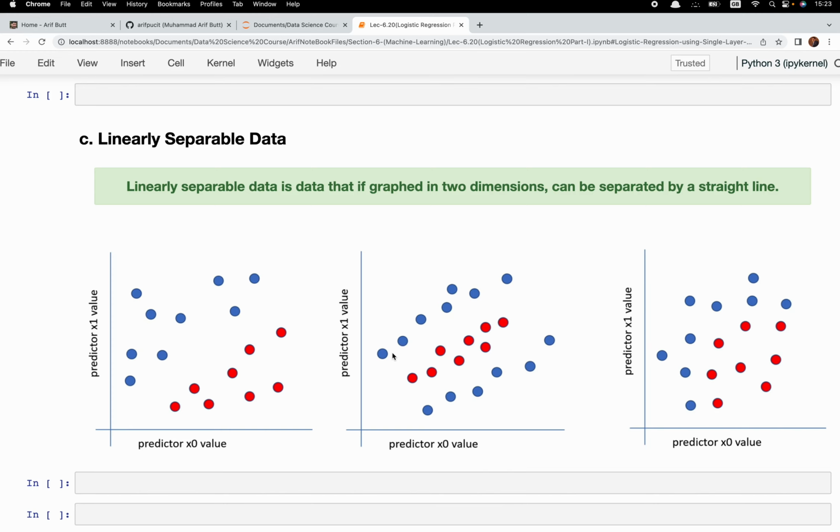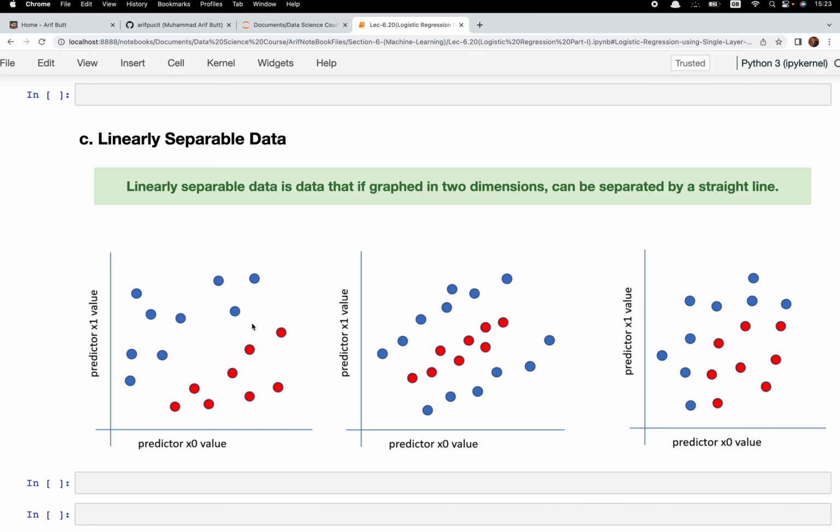Now let me try describing what we mean by linearly separable data. Linearly separable data is data that, if graphed in two dimensions, can be separated by a straight line.